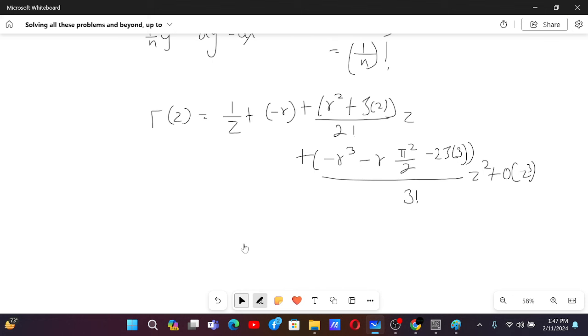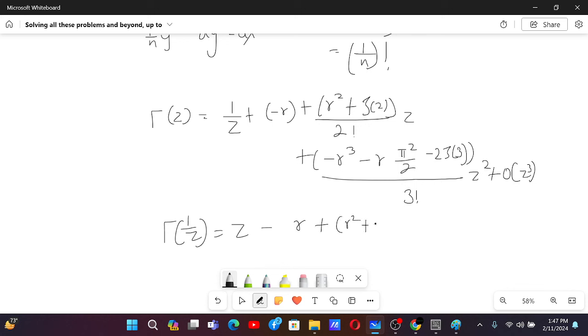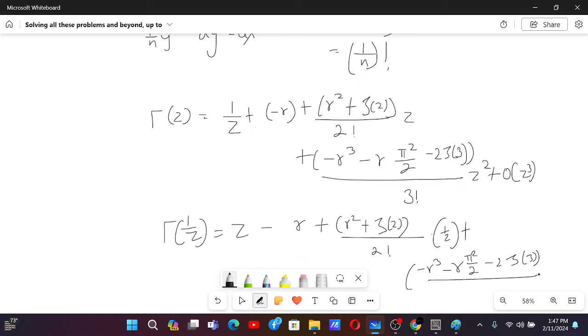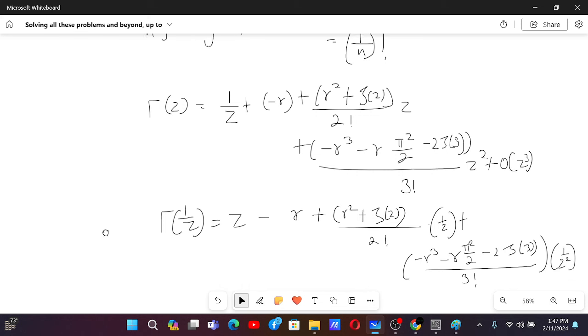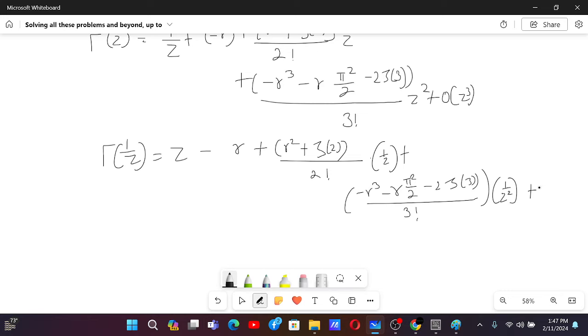And now using this we can write the expansion for 1 by gamma of z as well, which is z minus Euler-Mascheroni constant times z squared, plus Euler-Mascheroni constant squared minus Riemann zeta of 2 by 2 factorial times z cubed, and so on, plus big O of z to the fourth.